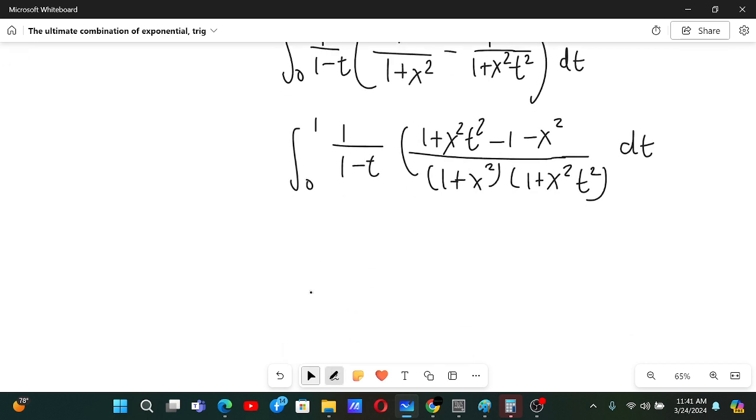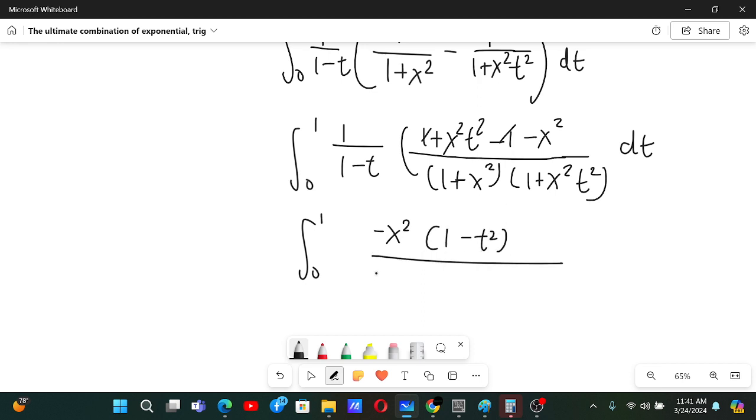Seems like it's going fine. Now what do we have? Integral from 0 to 1. The 1 cancels out. If we take minus x square common, we have 1 minus t square over 1 minus t, 1 plus x square, 1 plus x square t square dt.